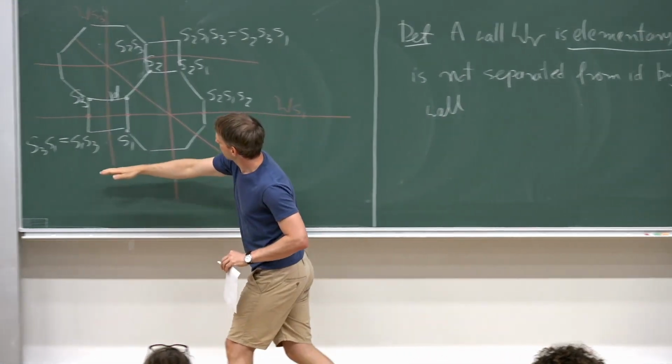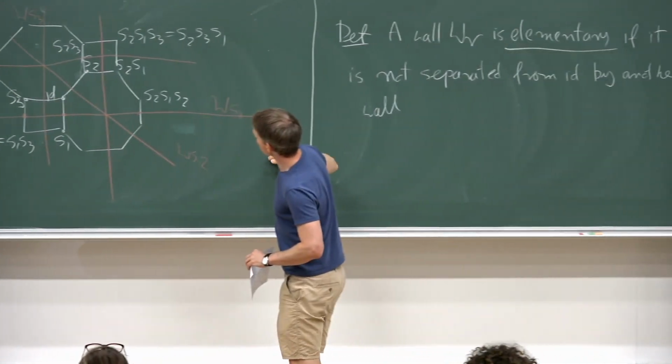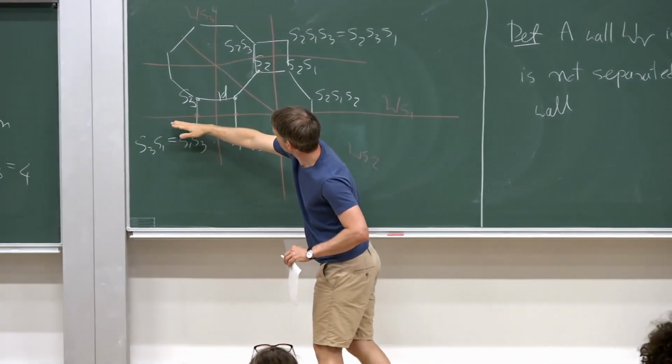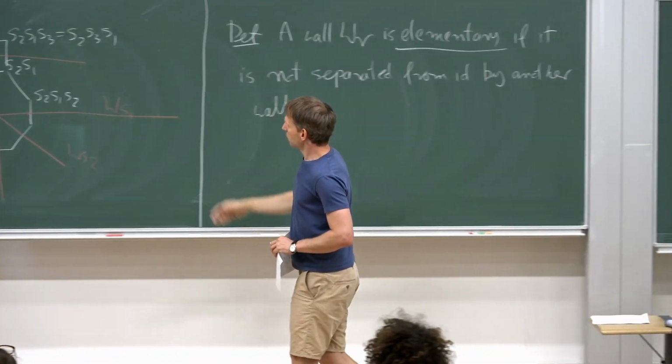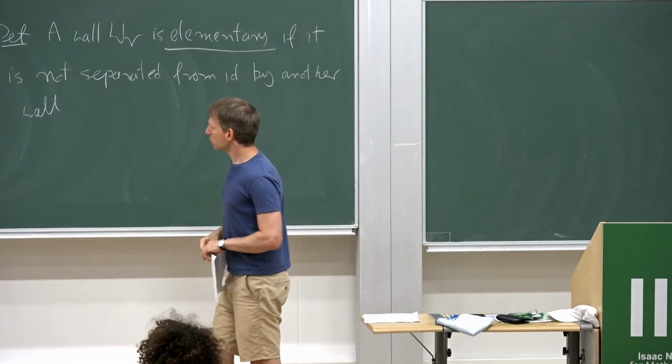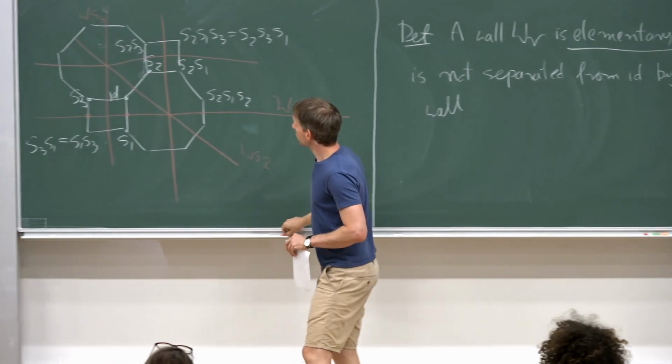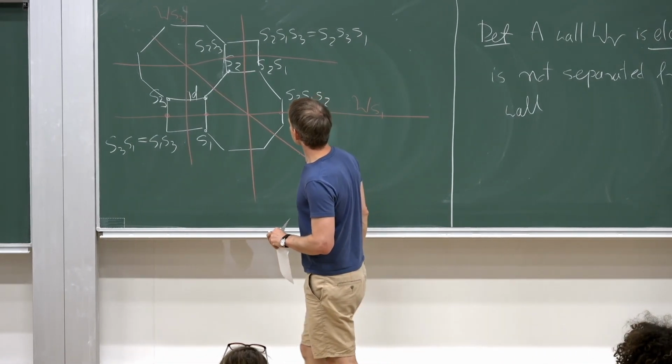For example, if I took a horizontal wall here, it's not elementary because it's separated from the identity by this red wall. But all these red walls that I've drawn are elementary, and these are not the only ones.